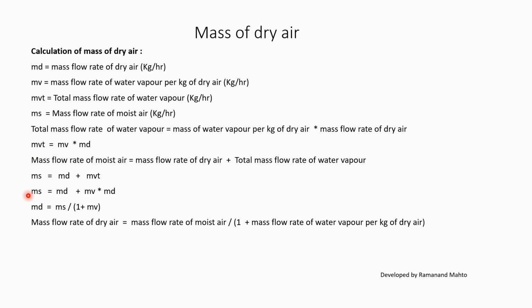Again ms is equal to md plus mb into md, because mvt is equal to mb into md. So we can write md is equal to ms upon 1 plus mb. So mass flow rate of dry air is equal to mass flow rate of moist air upon 1 plus mass flow rate of water vapor per kg of dry air. So this formula is used to calculate the mass flow rate of dry air in compressor in last stage.